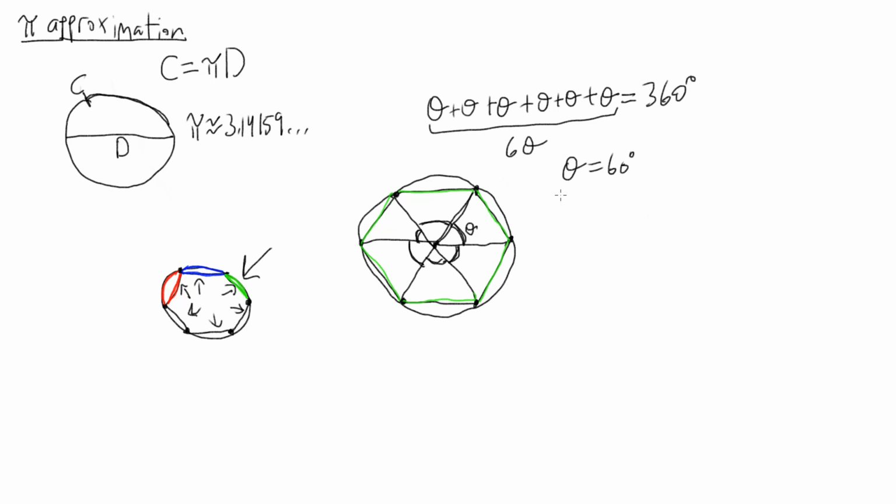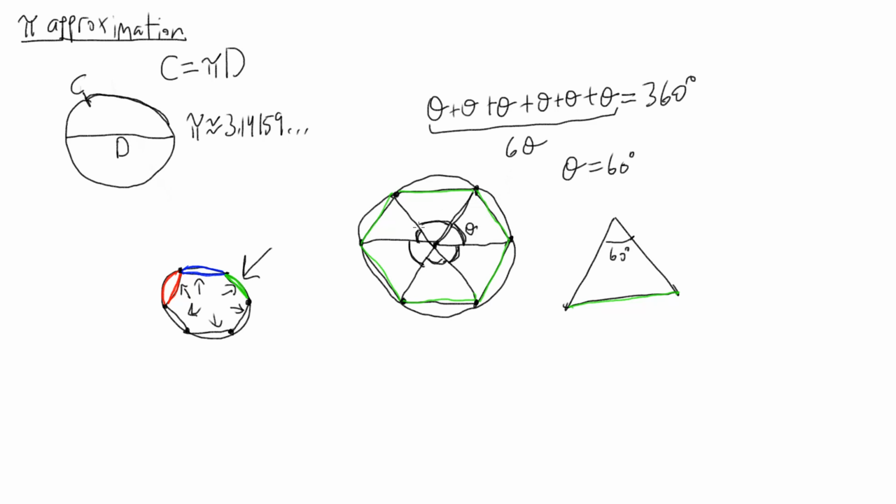So, if I just draw one of our triangles here, and I will draw a green side so that we know where we are in reference. So this angle is 60 degrees.